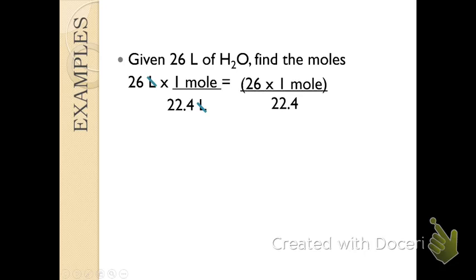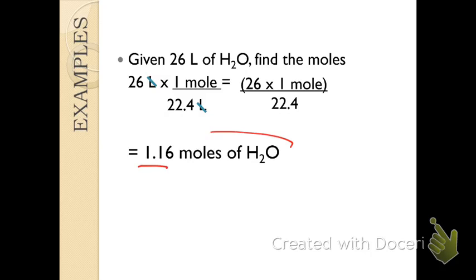You are going to have 26 divided by 22.4. So clear your calculator, put 26 divided by 22.4, press the equal sign, and you should get 1.16 moles of H2O, my number, my units of H2O.